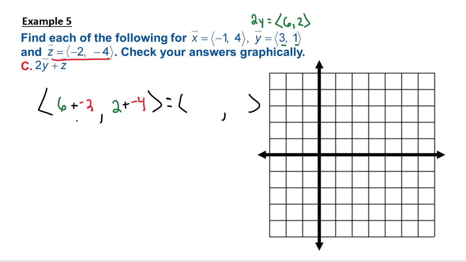Now we have to do 6 minus 2, that's a 4. 2 minus 4 is a -2.